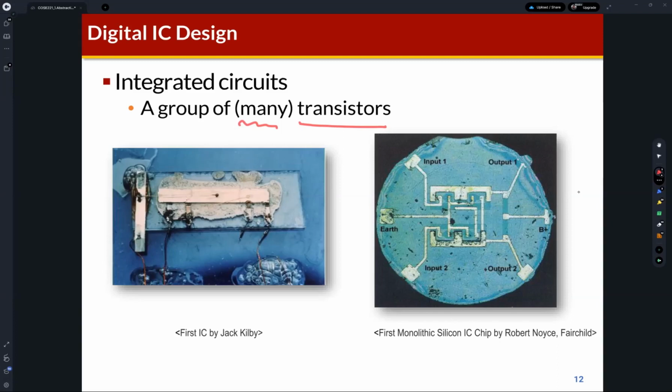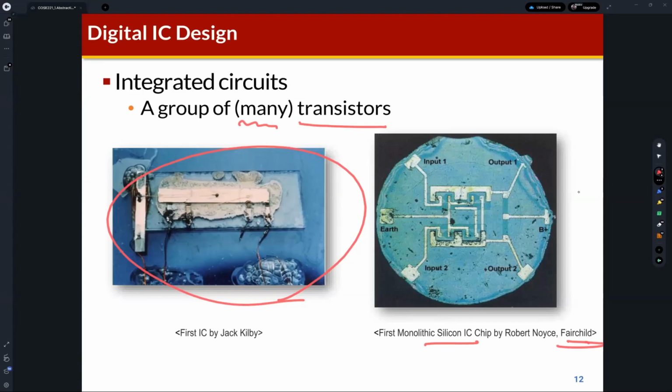This slide shows the photo of the first integrated circuit. As you can see, this is the first IC. This is very simple, right? This is the first monolithic silicon IC, the first semiconductor chip, by Fairchild Semiconductor.